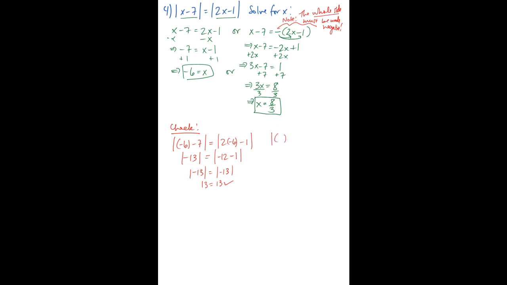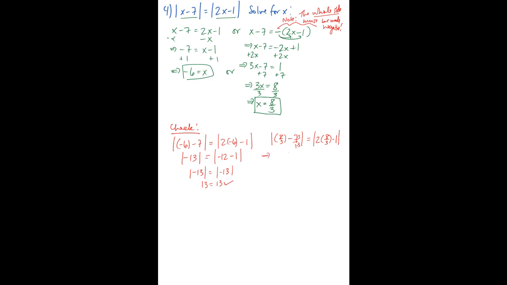So again, I have the absolute value of x minus 7 on one side and the absolute value of 2x minus 1 on the other side. And now I'm going to plug in 8/3. So 8/3 minus 7, I'm going to need to put 7 over 1 to turn into a fraction, and multiply on the top and the bottom by 3 to get a common denominator.